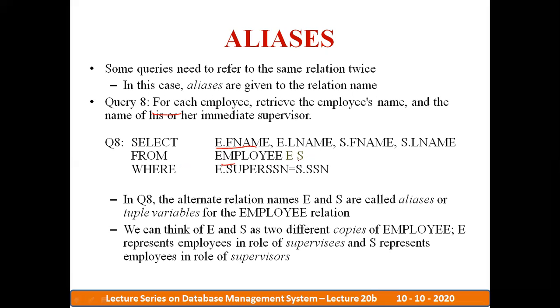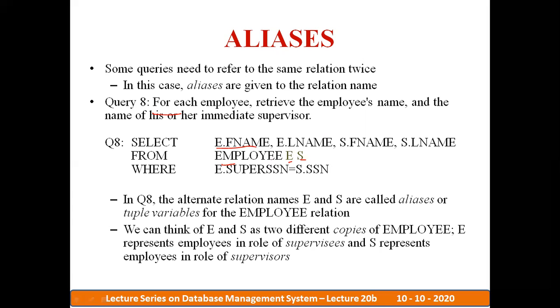The employee I am giving another name as E and S. What these E and S are is what we call aliasing. Instead of writing the complete table name as employee, I can write it as E. So E indicates the employee, S indicates the supervisor. The same table employee has two other names, one as E, another as S.